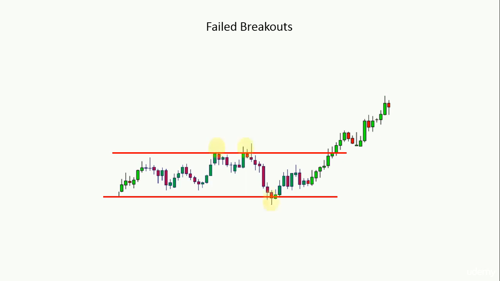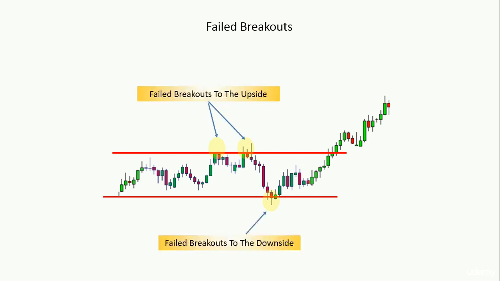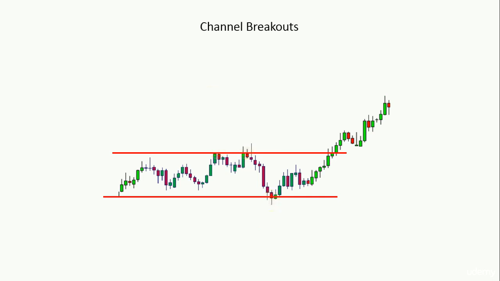Look at these failed breakouts, whether it was an attempt to break to the upside or attempts to break the support of the channel. You must know that most of the time breakouts fail, especially early attempts to break the channel. But when finally the breakout succeeds, as is the case here, a new trend to the upside or to the downside will emerge, depending on the direction of the breakout.